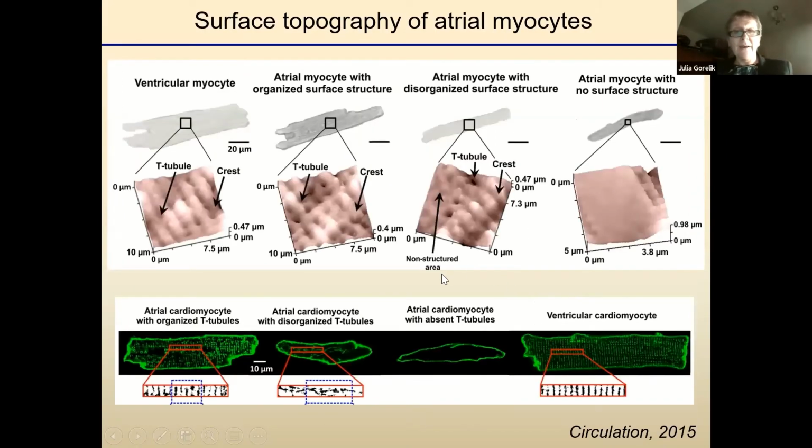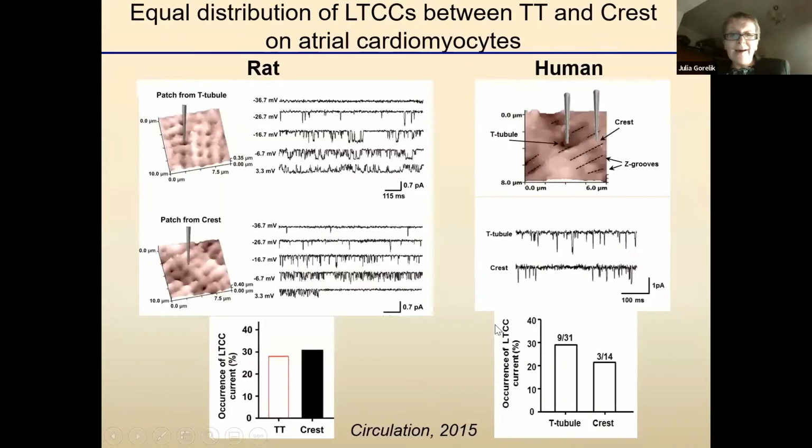In contrast, we checked the atrial cardiomyocytes, and we found atrial cardiomyocytes have different groups: with a well organized surface structure, with a disorganized surface structure, and no surface structure. And we found in atrial cardiomyocytes, in rat and human, we have L-type calcium channels in tubules and also in the crest, in the same proportion.